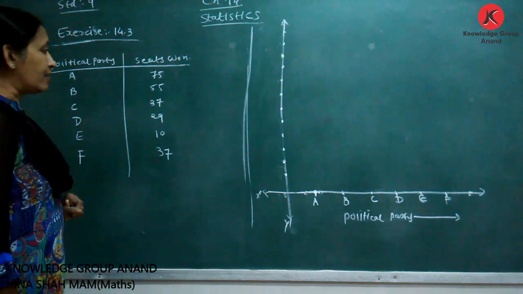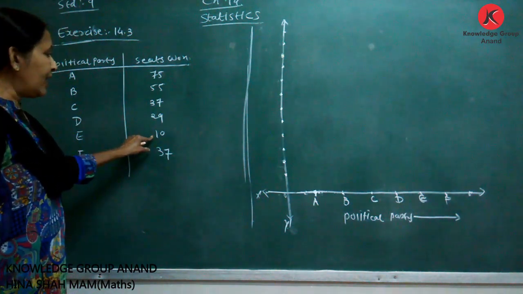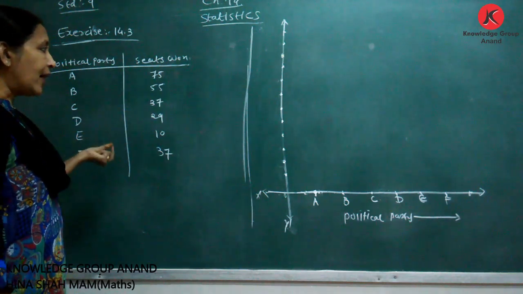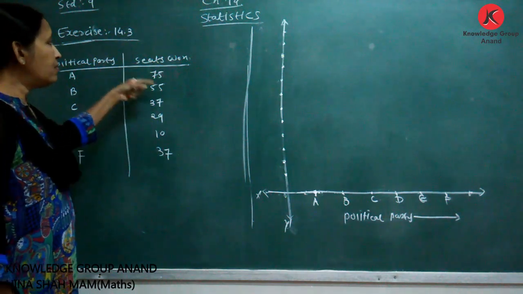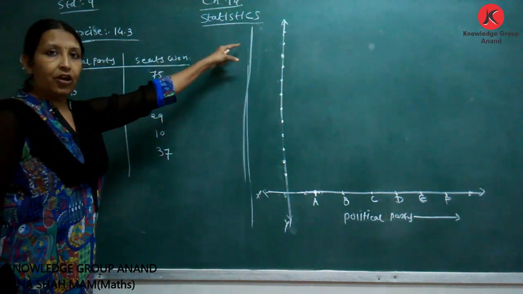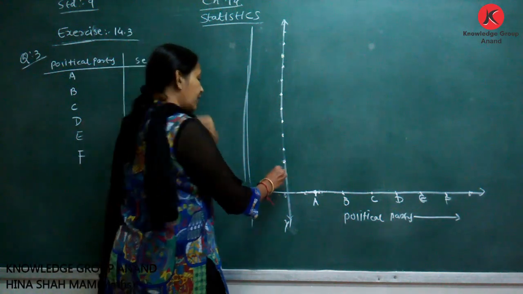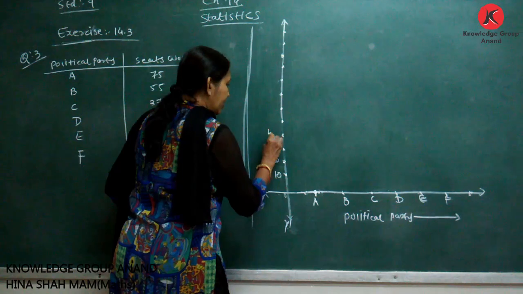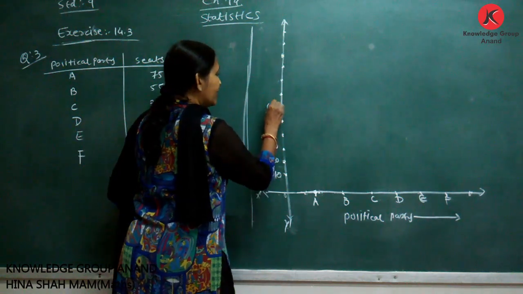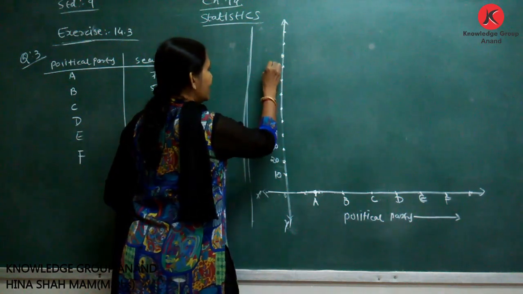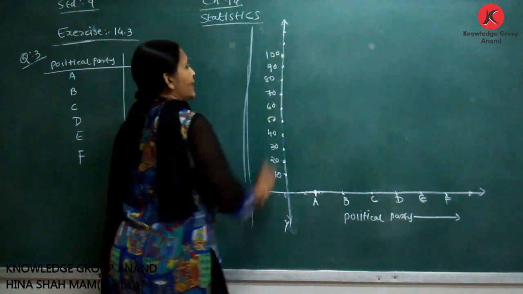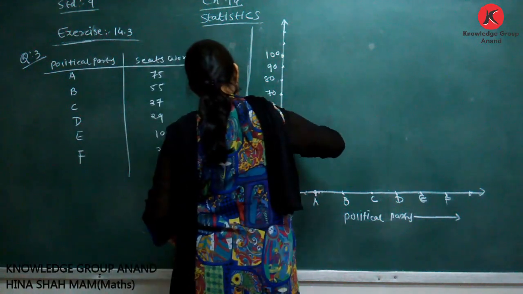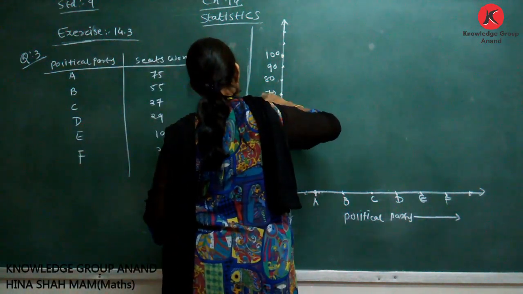Which measure do we take here? Minimum 10 and maximum 75. Then we take 5, 5 if you have 20 blocks in your graph book, otherwise you take 10, 20, 30, 40, 50, 60, 70, 80, 90 and 100. It is seats won.